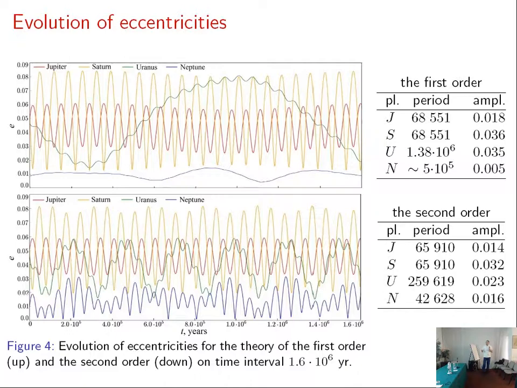In the lower figure we can see the evolution of eccentricities for the second order of motion theory. Main periods and amplitudes of the change of eccentricities are represented in these tables. We can see a qualitative difference between the evolution of eccentricities for Uranus and Neptune orbits for both approximations of motion theory.